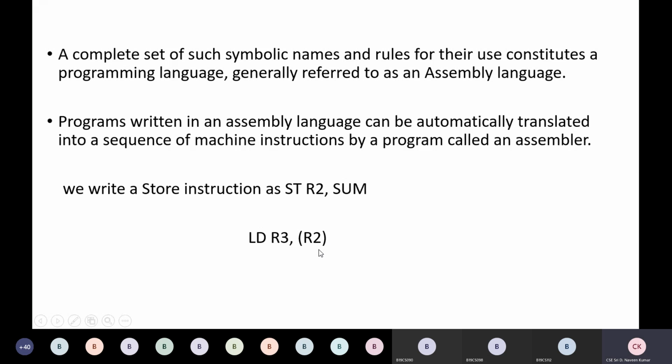In brackets I have R2. Indirect addressing, yes. This will be pointing to the R2 register. In the R2 register we have some address. If we take that address and go to main memory, there we have the actual value.